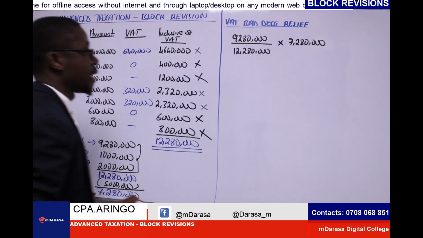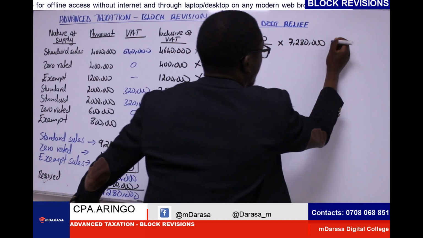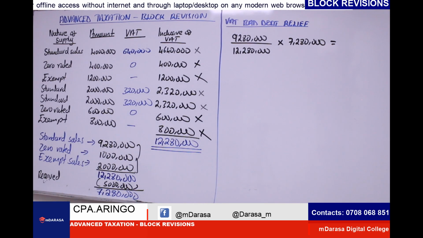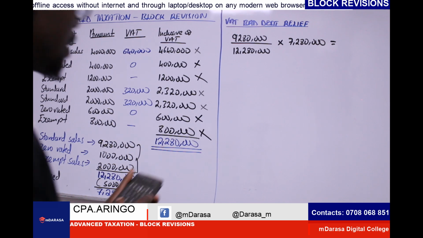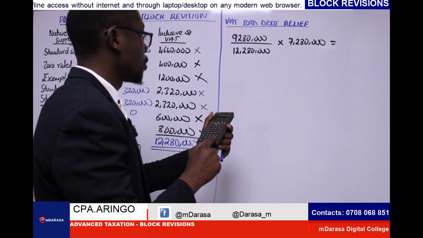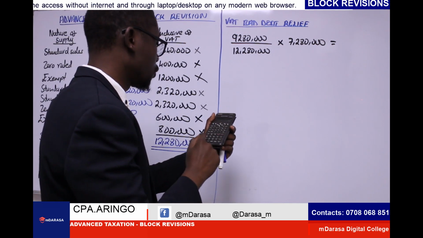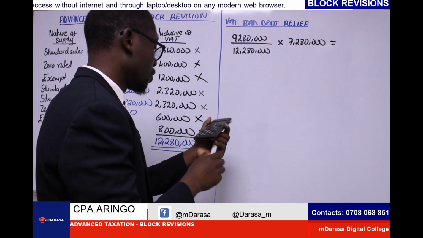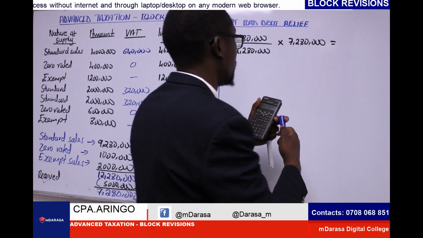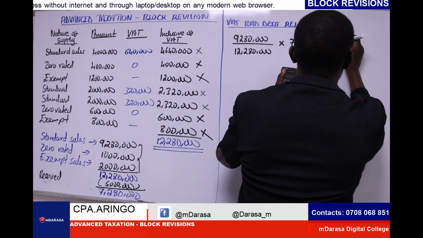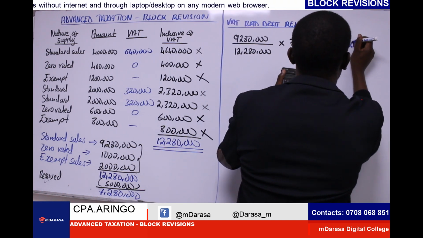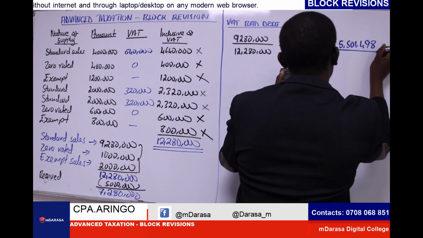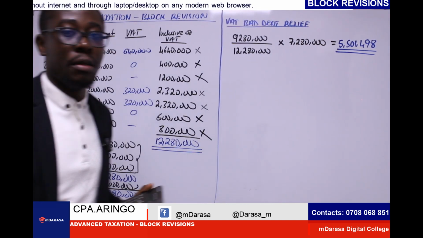So we can agree that the proportion of the standard that had not been paid will be 9280 over 12280 times 7,280,000. So the proportion of the standard that had not yet been paid will have the value of 5,501,498.